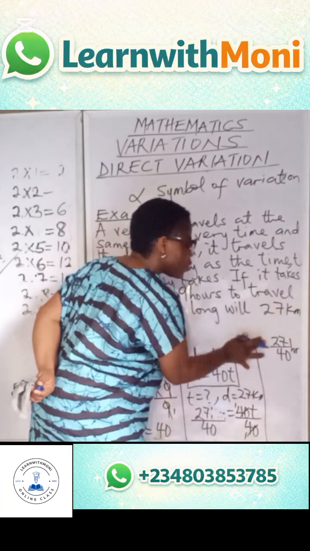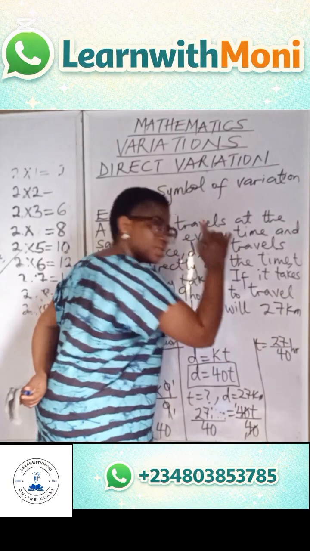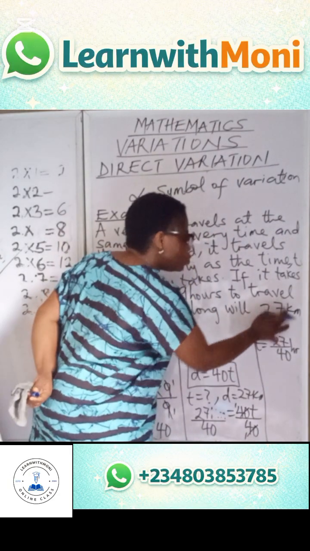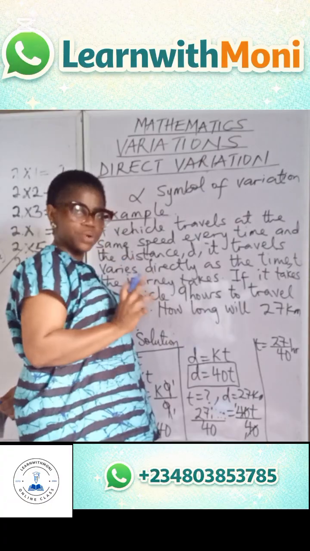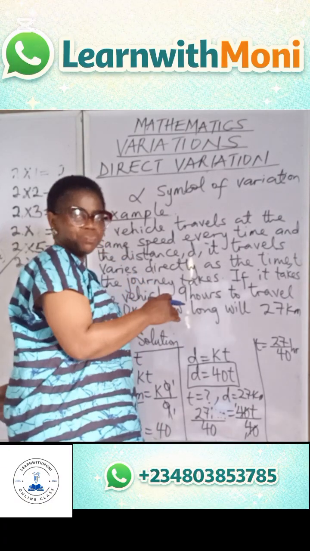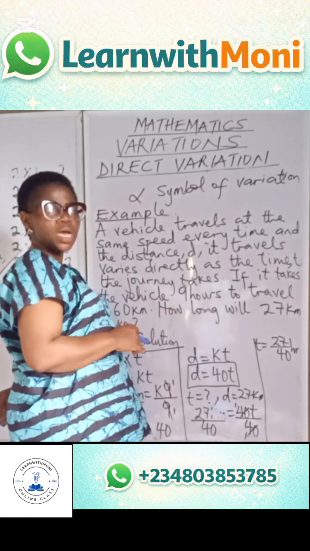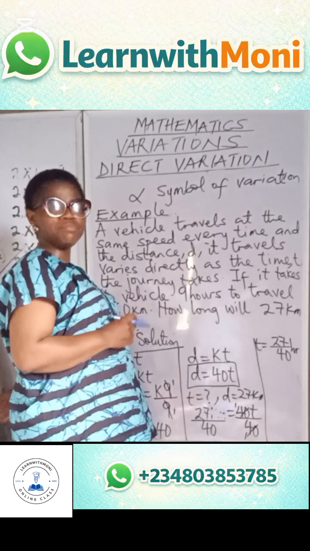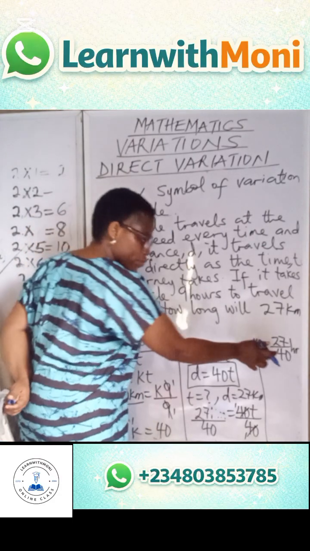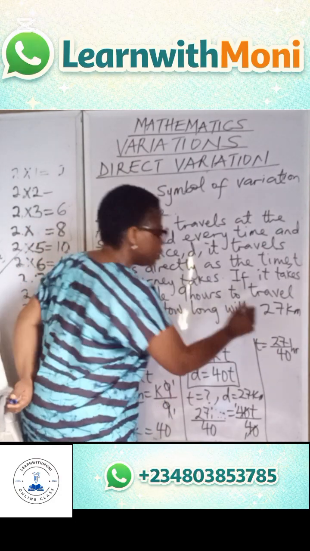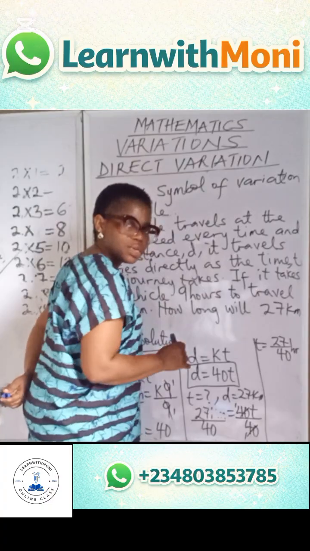27 over 40 hour, 1 hour is 60 minutes. So you can leave your answer like this. It is correct. But should this be a multiple choice question and you have only options in minutes, we have to convert this to minutes in that case. 1 hour is 60 minutes.